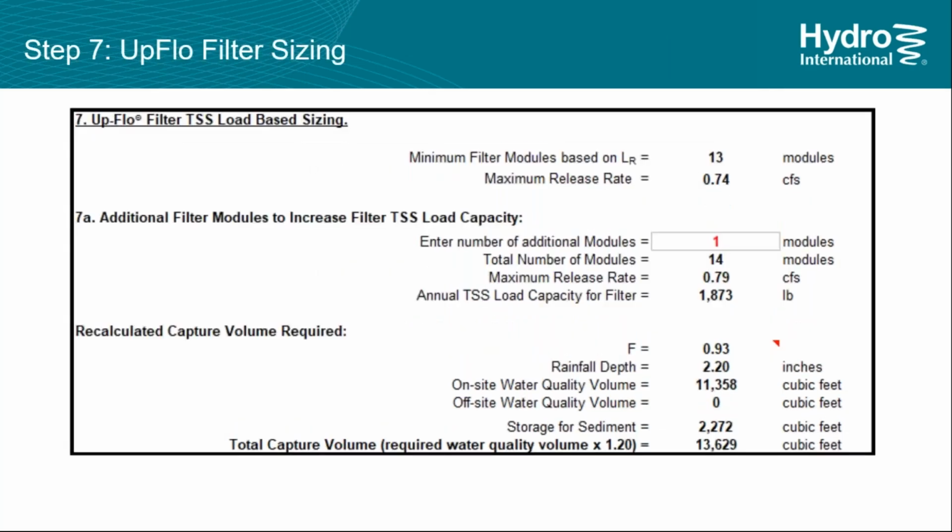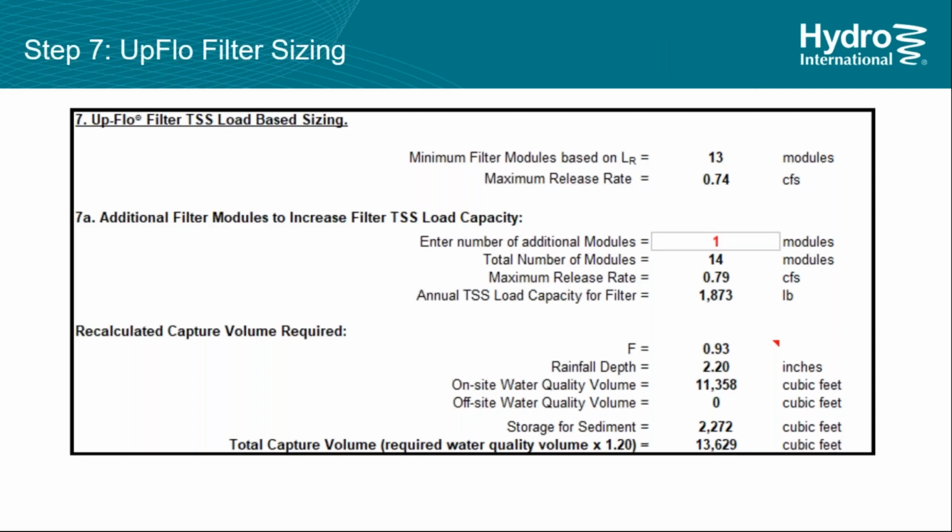So at step 7, we size the filter accordingly. In step 7, the spreadsheet calculates the minimum number of filters required to treat the TSS load, which is LR in step 5. However, due to the 78% TSS rating, the treated rainfall fraction in step 5 may exceed 1, which is the F value we talked about.